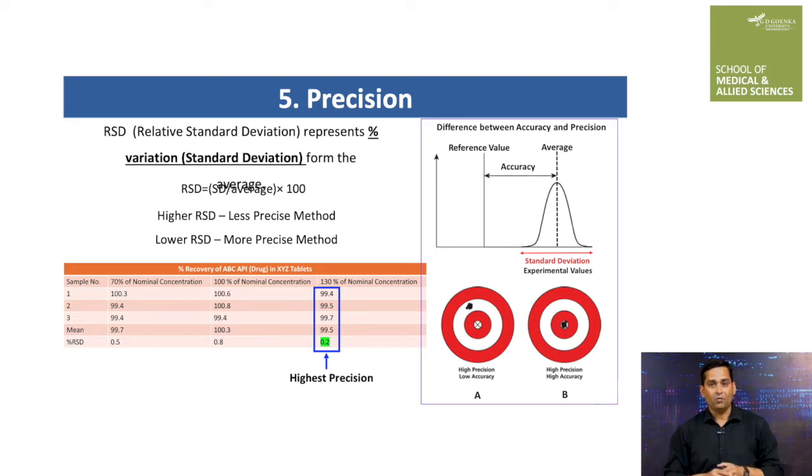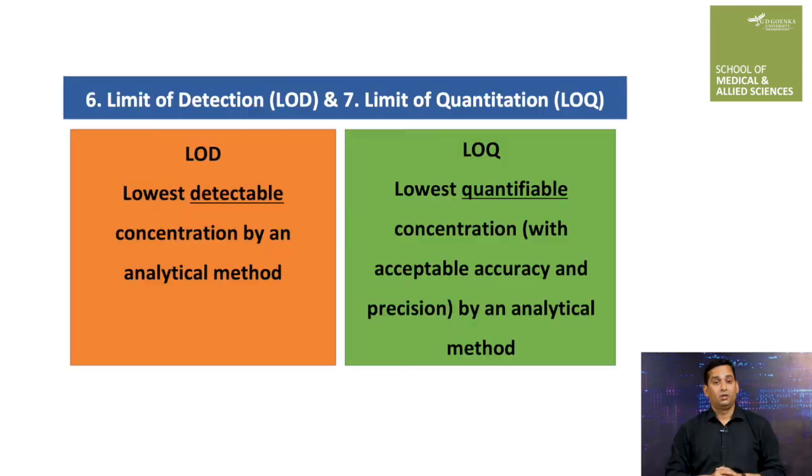In figure A, all black dots are very close to each other but away from the central reference point, which shows high precision but low accuracy. In figure B, all black dots are very close to each other and very close to the central reference point also, which shows high precision and high accuracy as well.